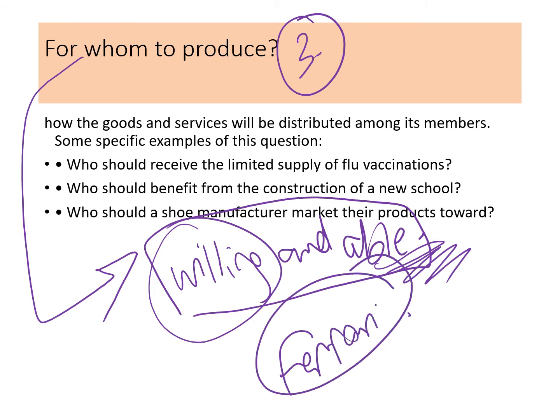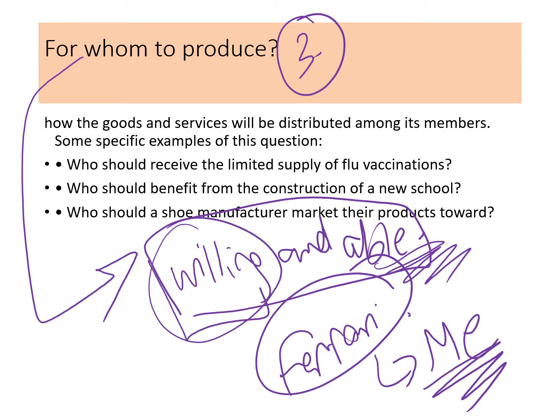The Ferrari company wouldn't care about me as a consumer, because, okay, I am willing to buy a Ferrari, but unfortunately, I am not able to pay for a Ferrari, so obviously I'm not the targeted customer. So the targeted customers for this company would be people who can afford it, so mainly the rich people.